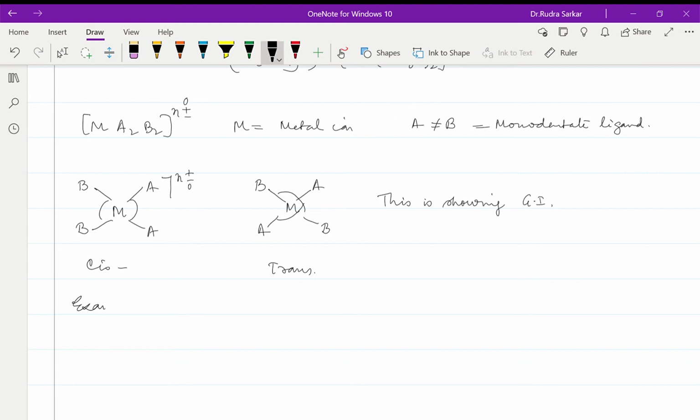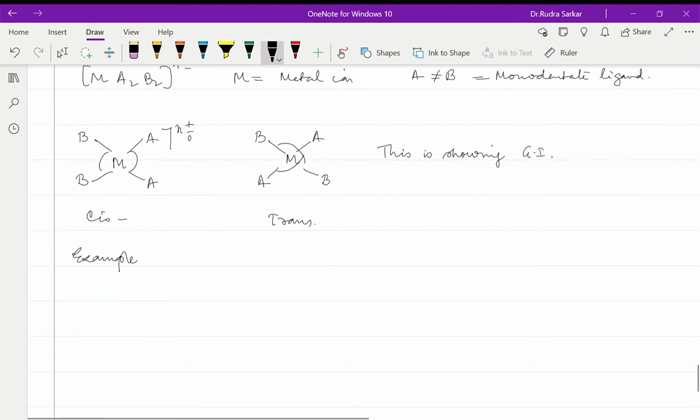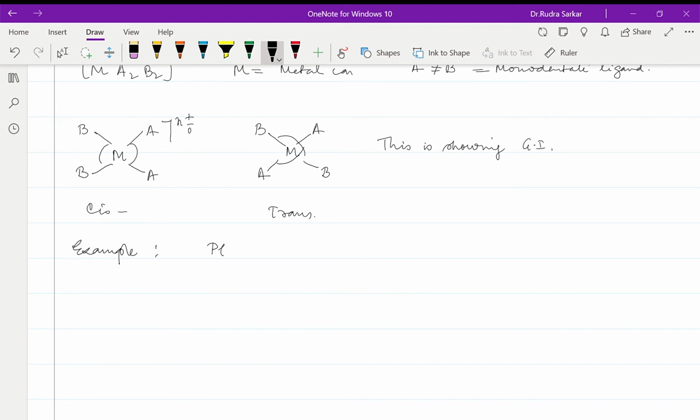A very beautiful example will be Pt(Cl)2(NH3)2, and if it is cis, then it is called cisplatin. Okay, cisplatin is basically a drug used for anti-cancer treatments, or was used as an anti-cancer treatment drug.